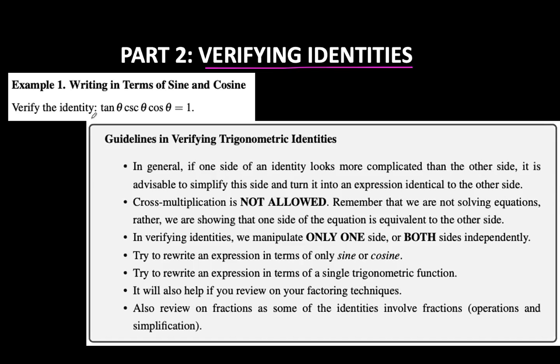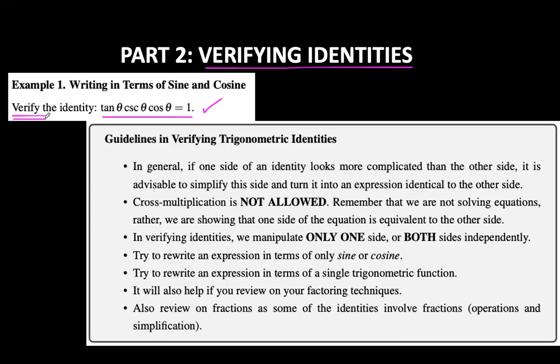Okay? So for example, in example number 1, tangent theta times cosecant theta times cosine theta is equal to 1. Now, we can say that this is an identity. Mali pala. We cannot say yet that this is an identity. However, if you claim that this is already an identity, then you need to verify.